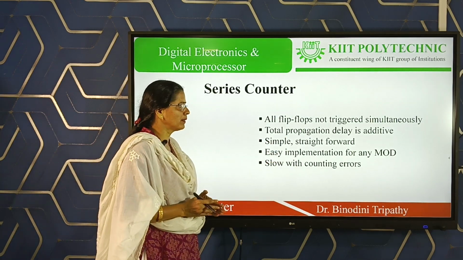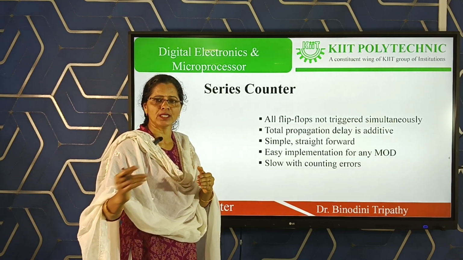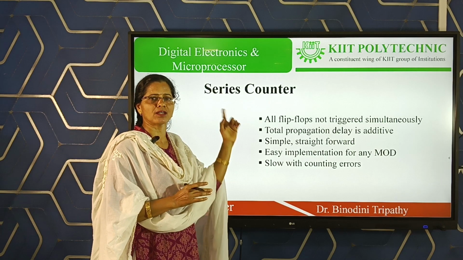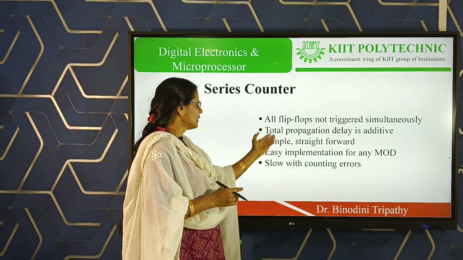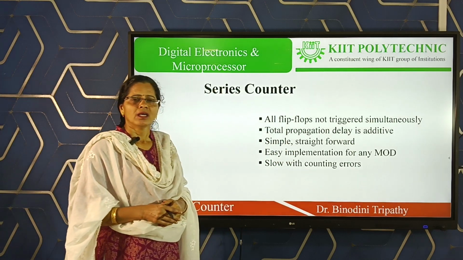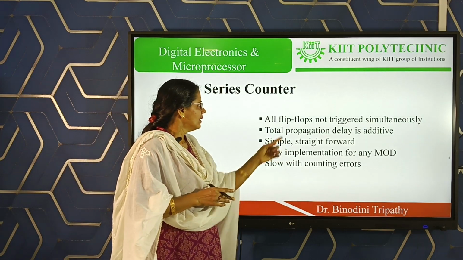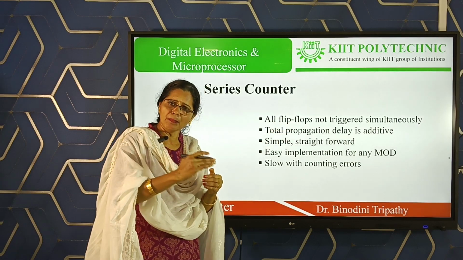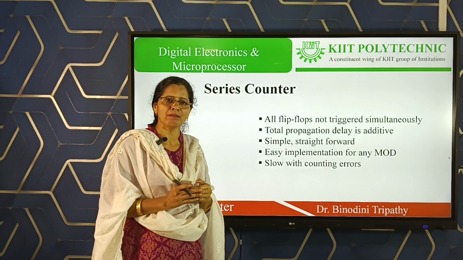So series, from the name, one flip-flop output is connected to the clock input of the next, accordingly the name series counter. Basically in this counter, the main feature is that one flip-flop output acts as the clock input for the next flip-flop.